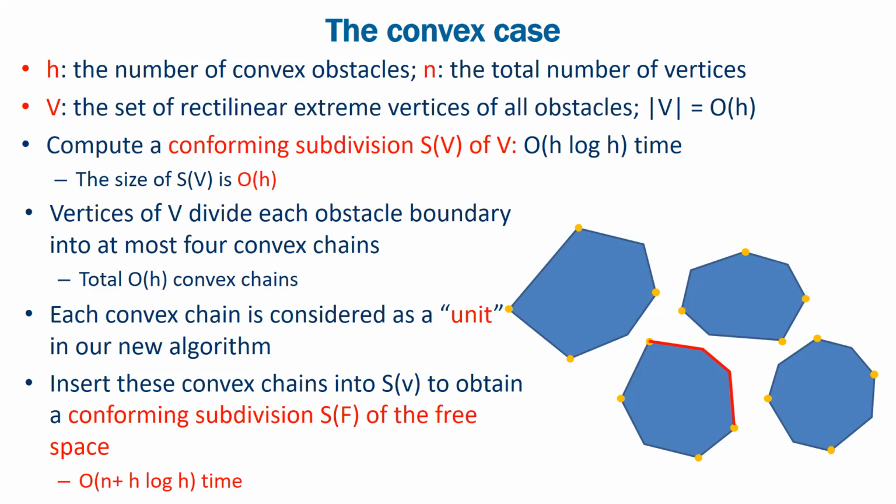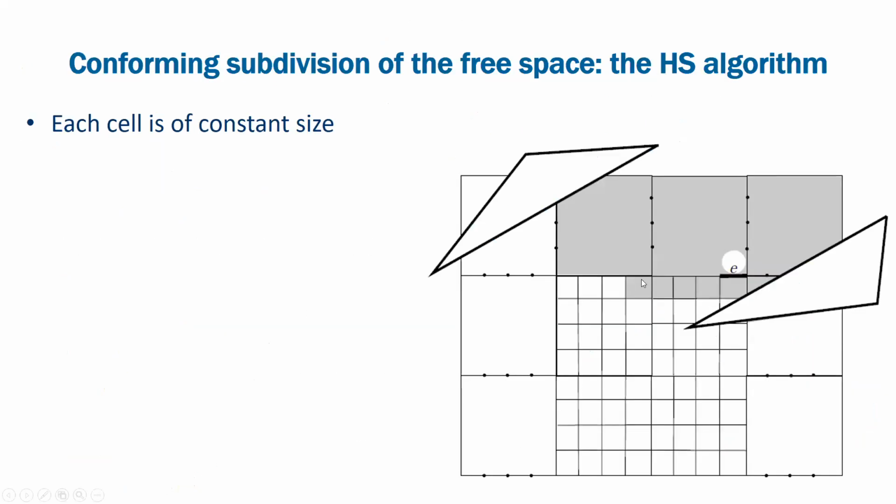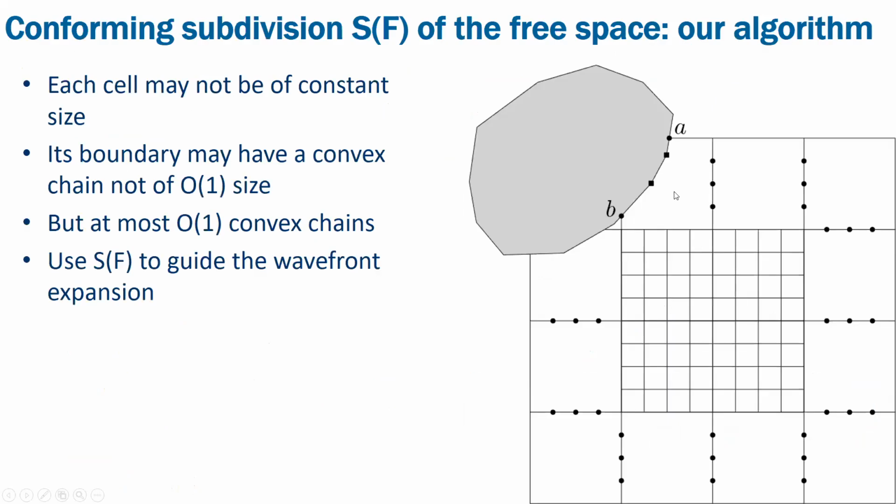Next we insert those convex chains into SV to obtain a conforming subdivision SF of the free space. Here the total time is n plus H log H instead of n log n as in the original algorithm. Here is the conforming subdivision of the free space in the original algorithm, and here is the subdivision in our algorithm. You see the difference.